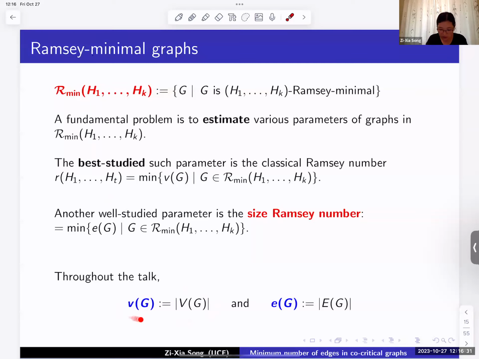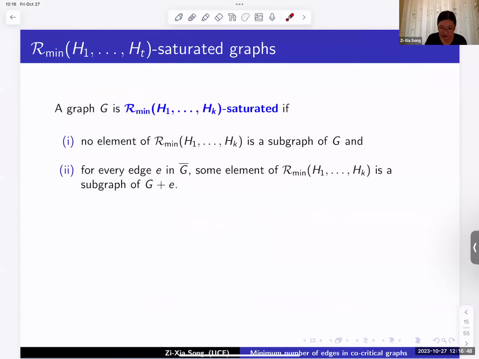So you see my notation is slightly different, I define it here. The minimum number of vertices is defined to be the Ramsey number. And we also have the size Ramsey number, which studies the minimum number of edges in this family, right? Now you look at the definition of saturation.